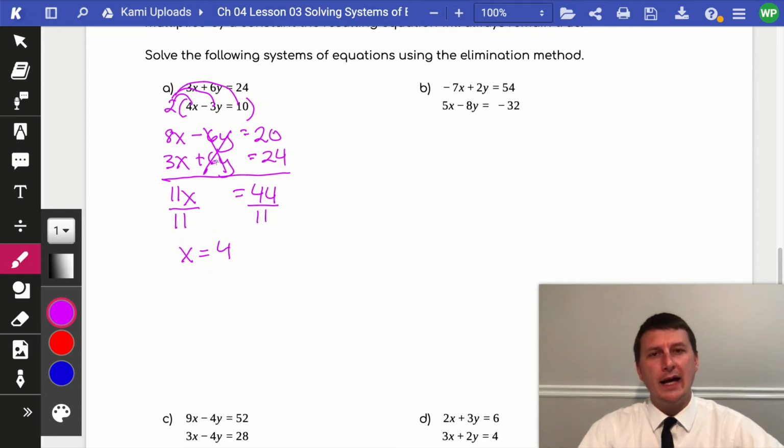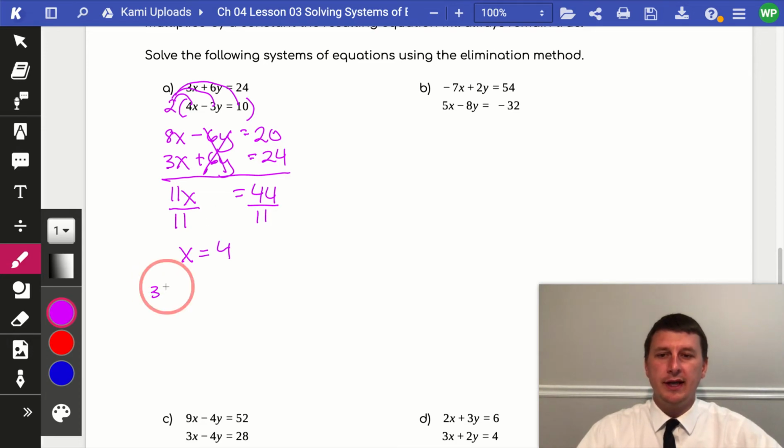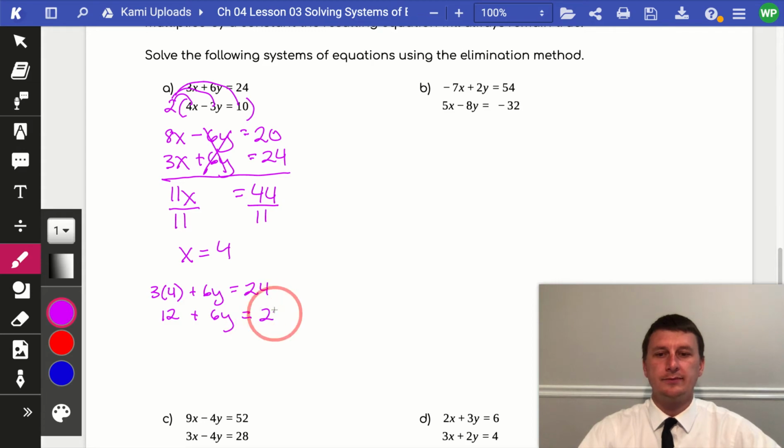But remember, I'm not done until I have an x and a y value. So now I could choose either one of these equations to substitute my x value into. I'm going to choose the top equation that says 3x, but in this case, the x is going to be 4, plus 6y is equal to 24, which will give me 12 plus 6y equals 24.